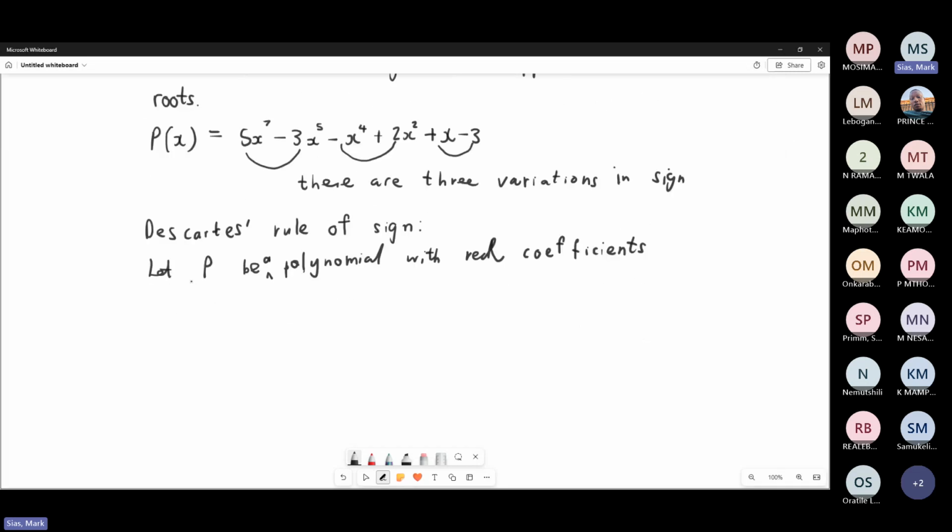Settings, I'm not sure. So let P be a polynomial with real coefficients. And then the first point is as follows. It says 1. The number, I'll just say No. for number, of positive real zeros.